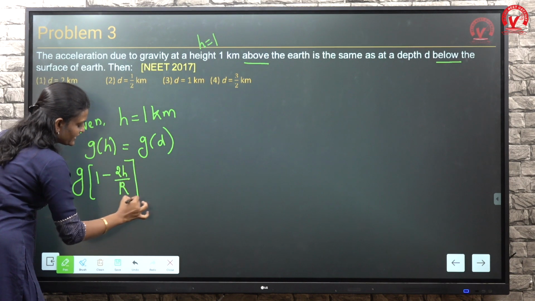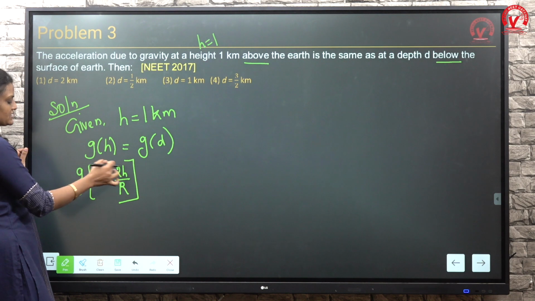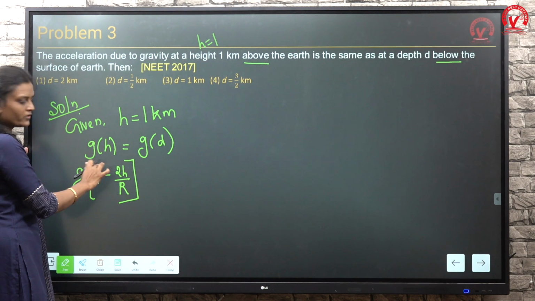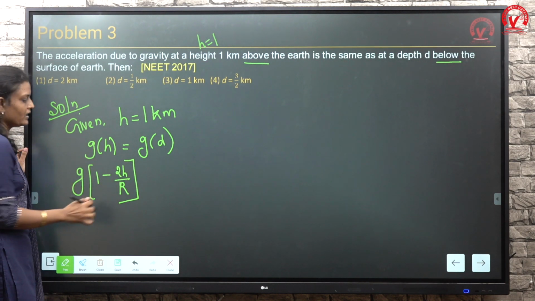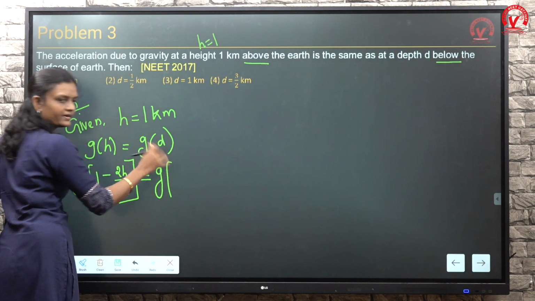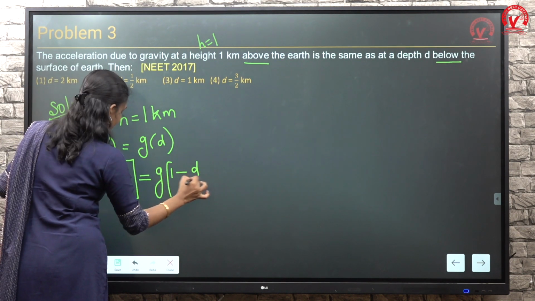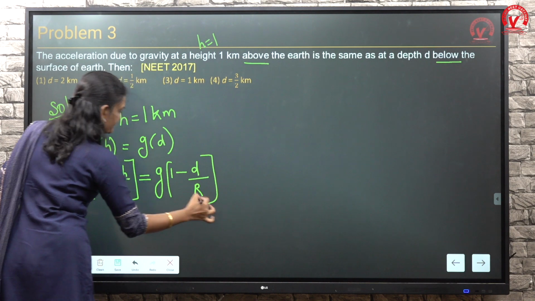For the depth, the formula is g(1 minus d divided by R).